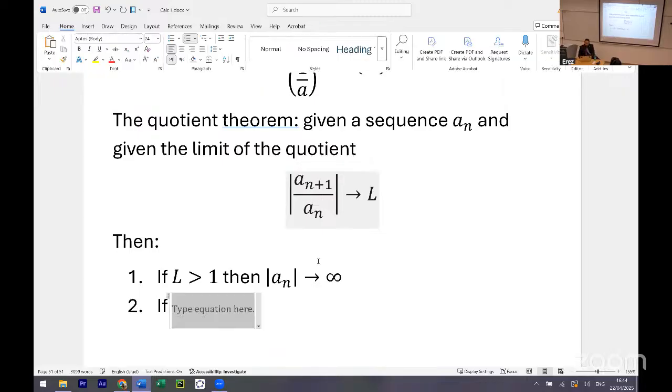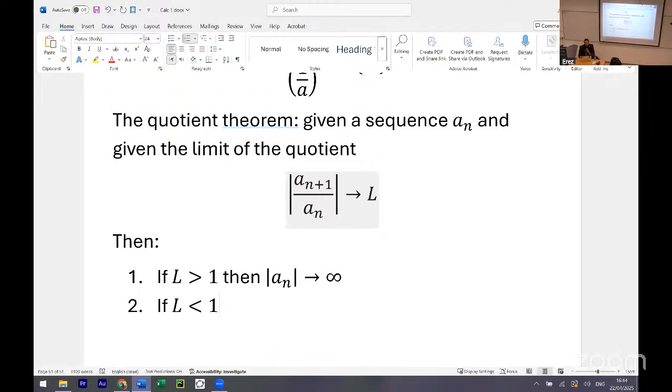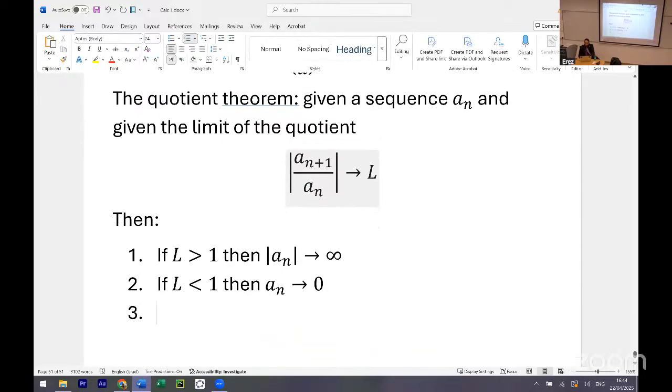If L is lower than 1, then a_n tends to 0. But by the way, to prove both of these, I'll probably even do it during this course when we get to series. The real headache behind the thing is the following.